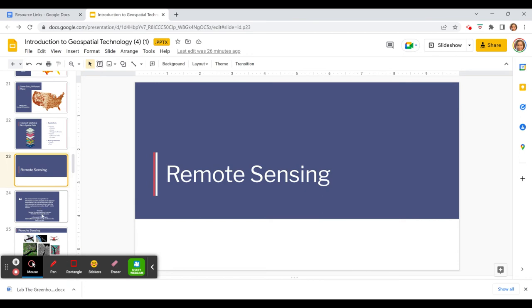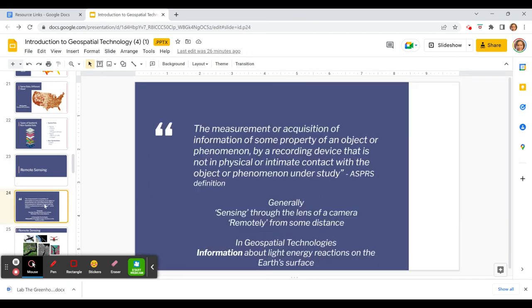Remote sensing. What is remote sensing? The measurement or acquisition of information from property or an object by a recording device that is not in physical or intimate contact.